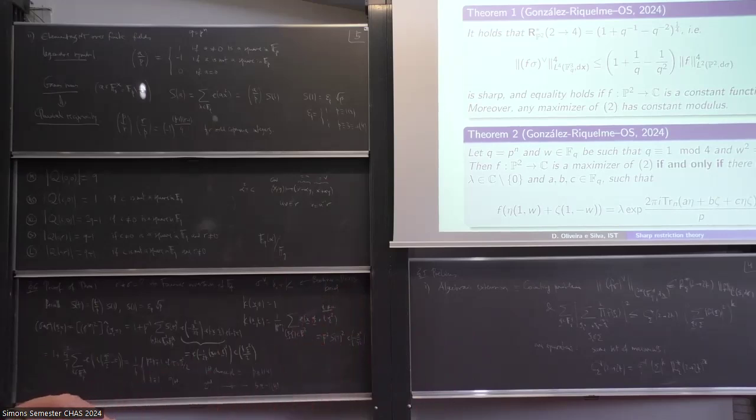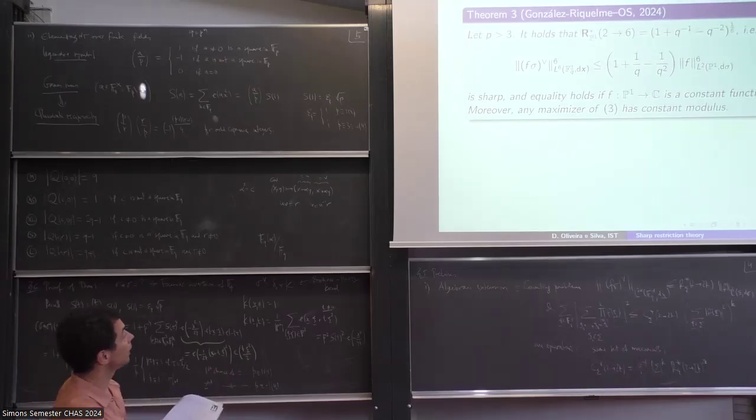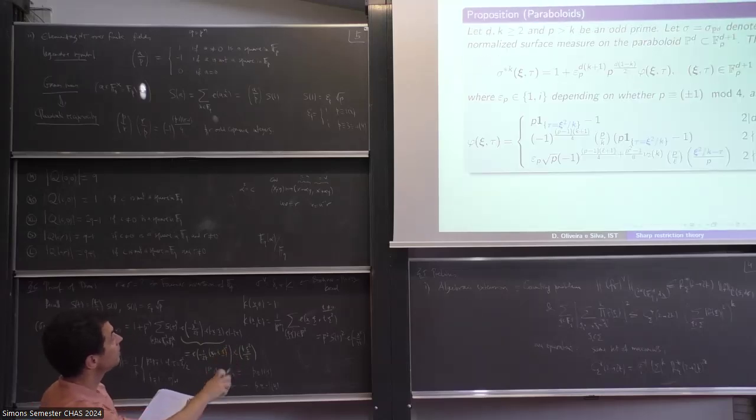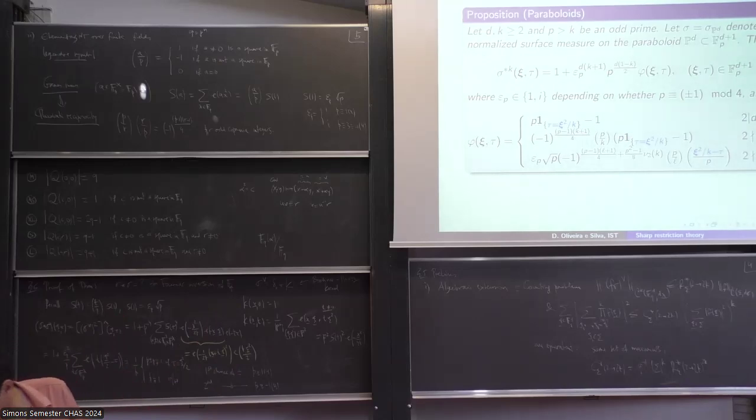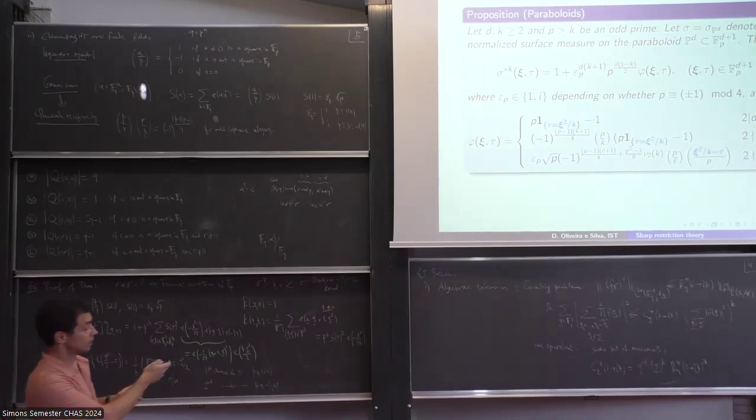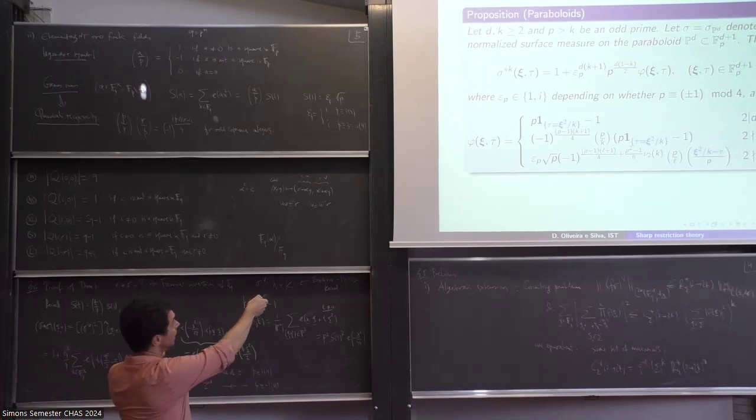Of course, the formula is a bit complicated, but that's what we get. This is what we get using Fourier methods for general dimensions and general degrees of nonlinearity. Here d, the dimension, and k, the number of convolutions, are arbitrary.